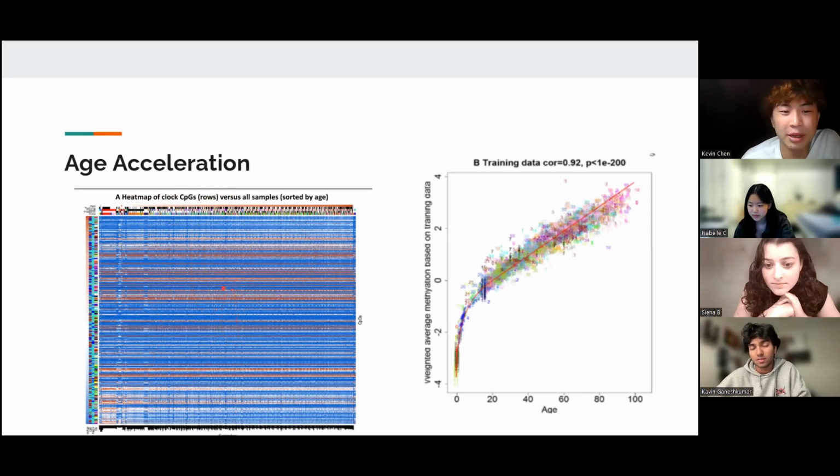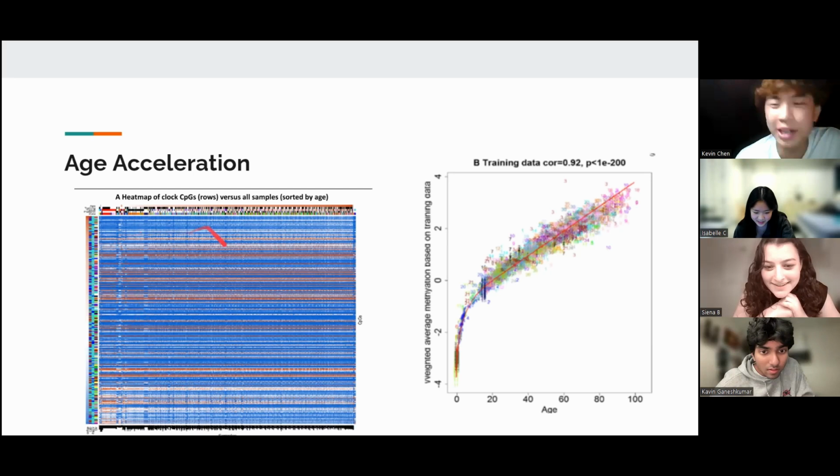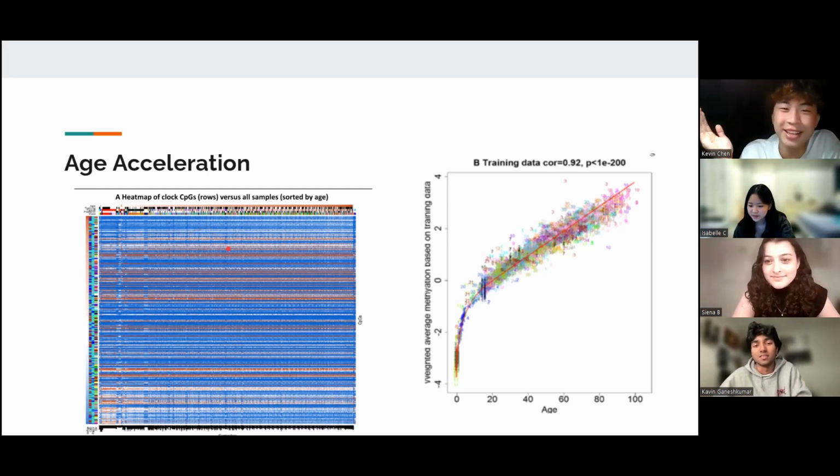But you can see some of the patterns exhibited here. Some sites are red at first and then turn blue, and some start off blue and then turn red. These are the sites that we want to integrate into our model.